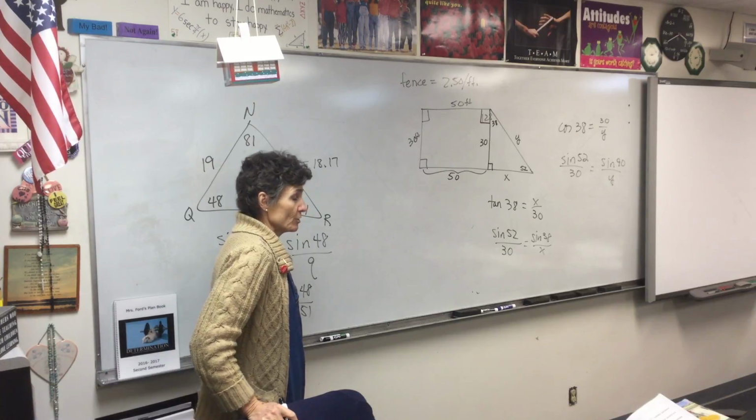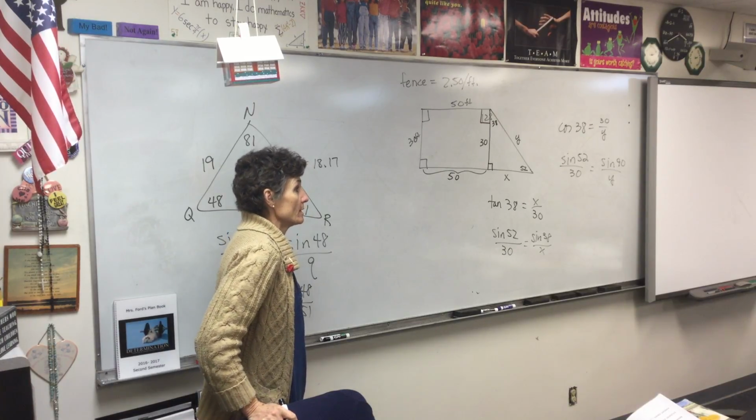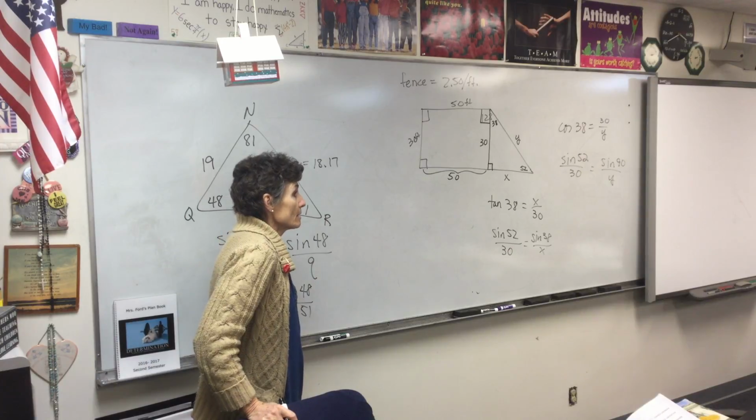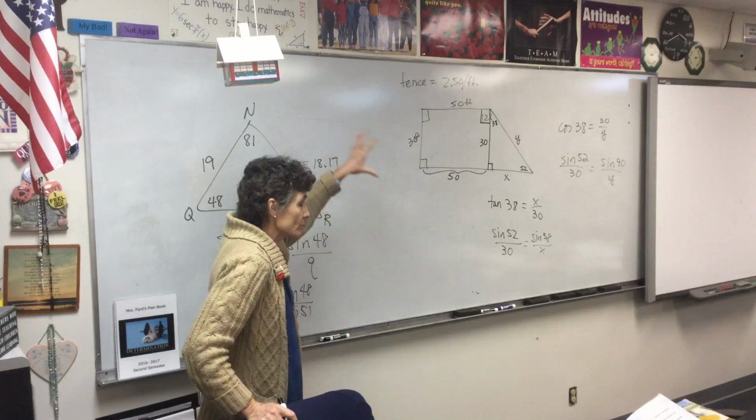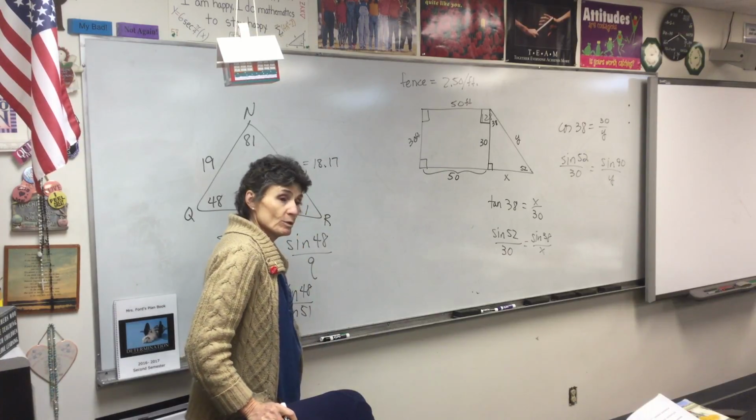All right, and then what am I going to do? Remember, the original question was find the cost of enclosing the field, enclosing that area. So what would you do then?